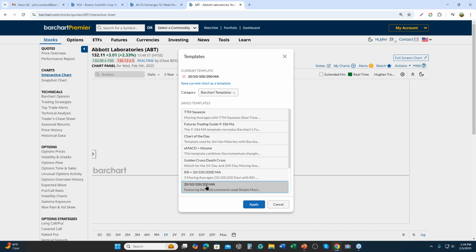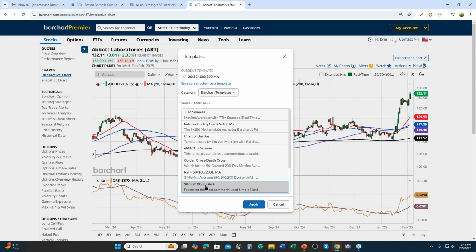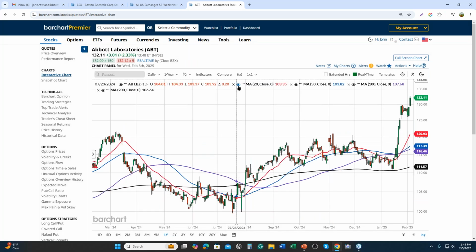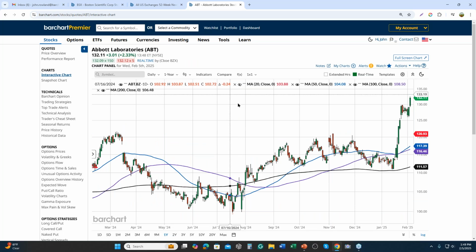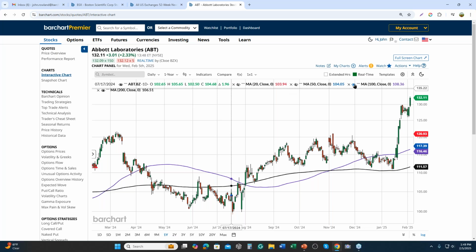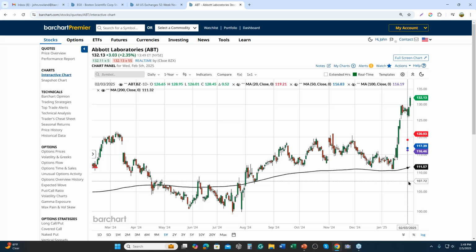If I put that in and look at just the 200, turning off the 50 and the 100, it comes in at about 111. So it's off by about $3, but in terms of what we're using this for, right, Chuck, we just want to see the stock price above that moving average, right? Correct. Yeah, we're simply trying to make sure that the major trend is up for that stock. Okay.